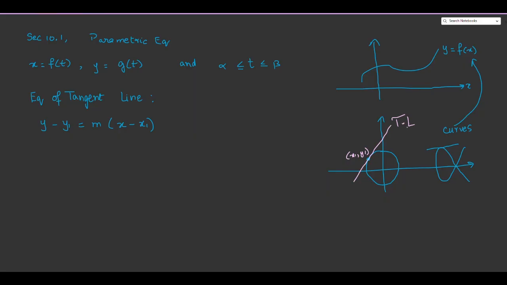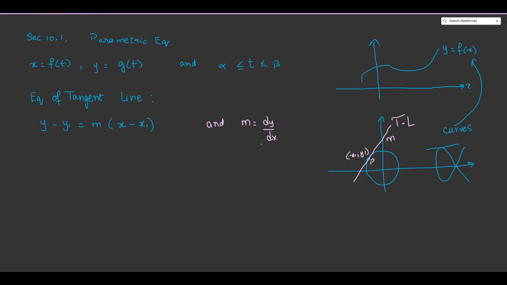In order to find the tangent line, we require two pieces of information: the point at which it is tangent to the curve, and also the slope of the tangent line. And the next question is, how do we find m? What is m? We know that m is dy by dx.